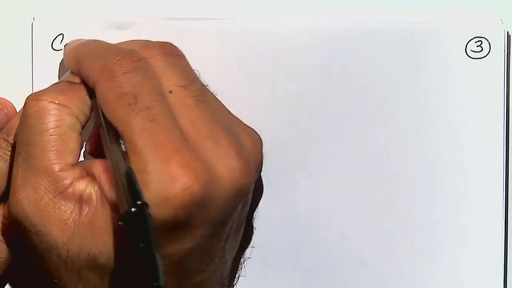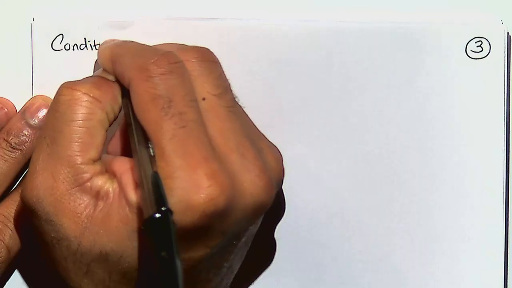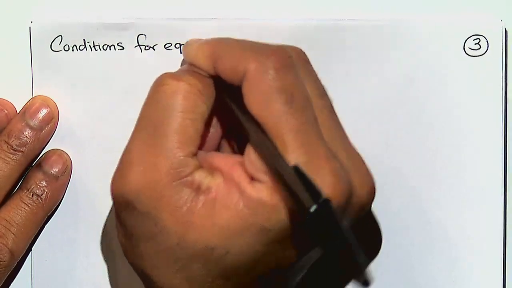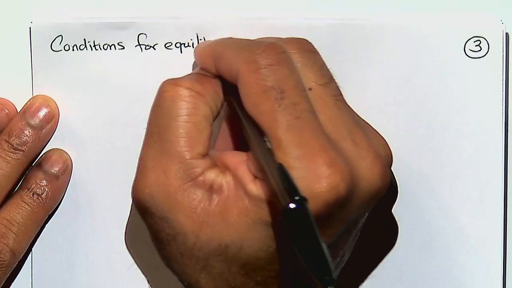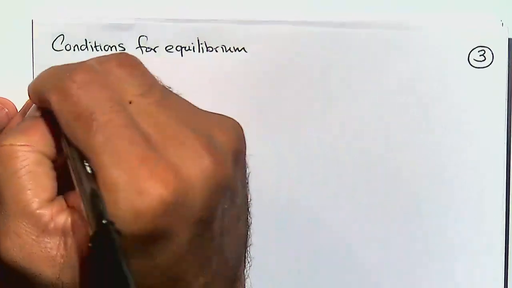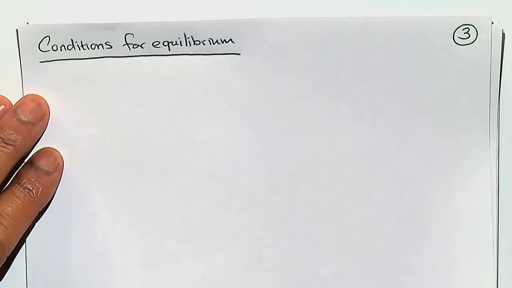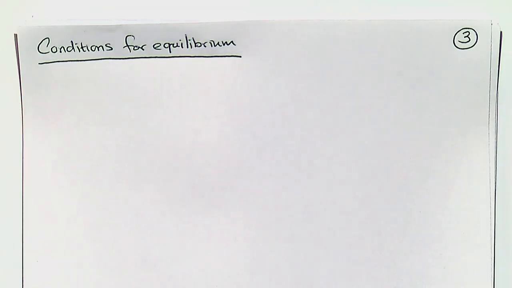Let's think about the conditions for equilibrium. Maybe there's a situation where you don't want something to accelerate. So maybe you're walking and then you come to a stop and you're standing still. You don't want to be accelerating.